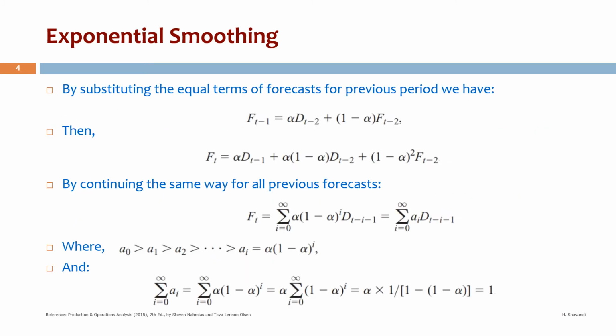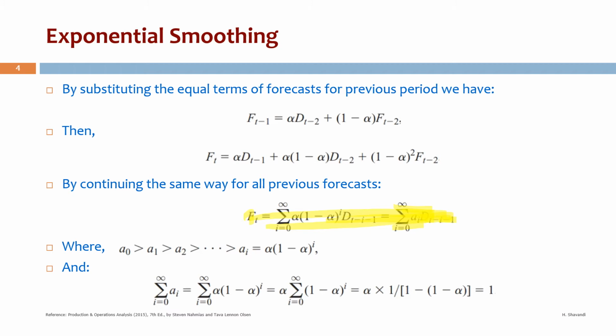Let's have some analysis here to see the structure of exponential smoothing. If we substitute the earlier terms of the forecast into the equation of exponential smoothing, and continue this in order to replace all the forecast values, then at the end we will have this. As you see here, the forecast for period t will be a weighted average of the past observations, right?